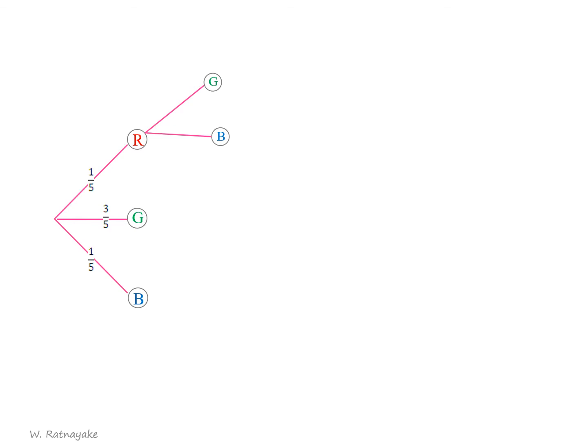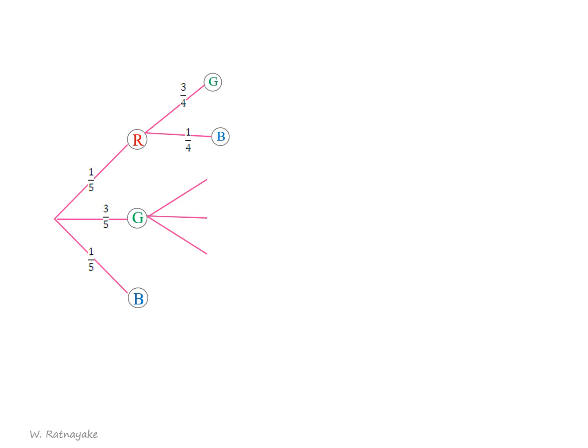And then again we think, if the first cube was green, what will happen? If the first one was green, then again the number of cubes in the box will be only 4. Out of those 4, 1 is red, 2 are green and 1 is blue.